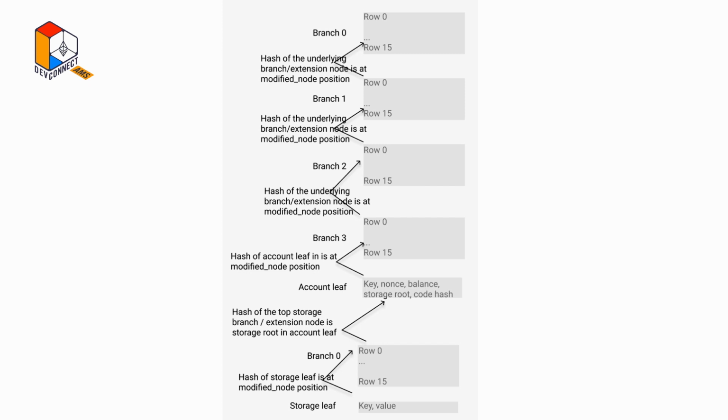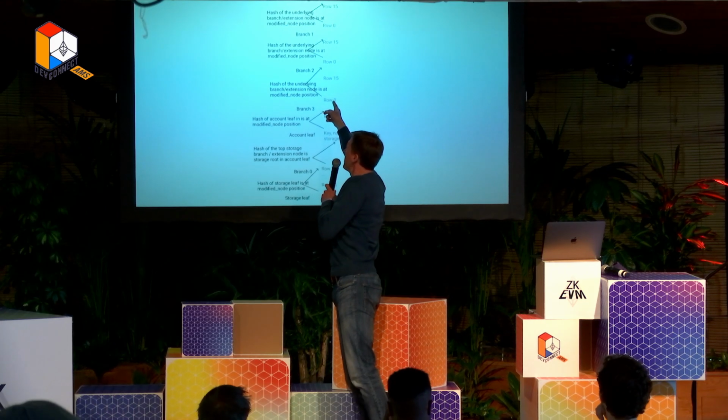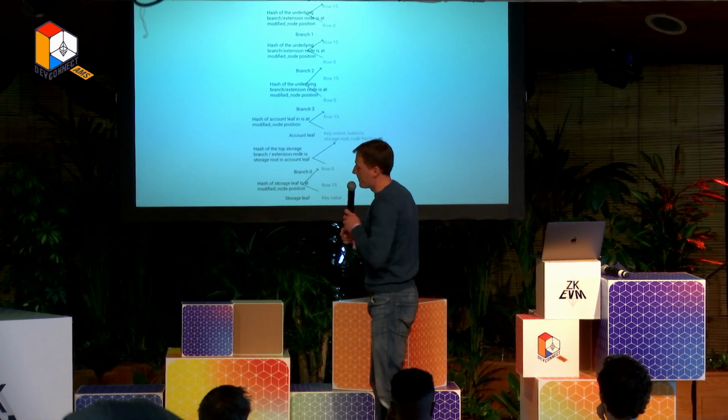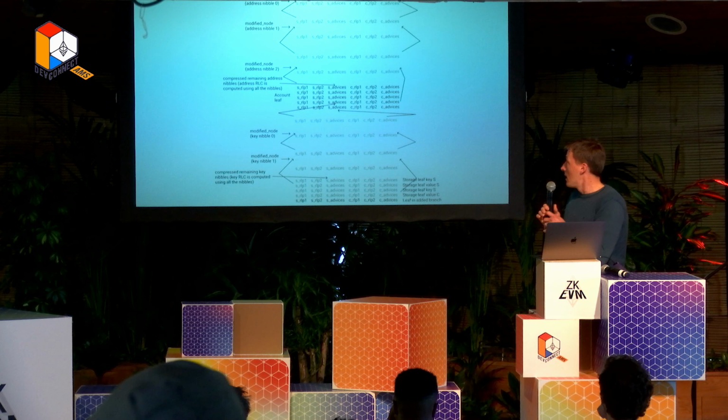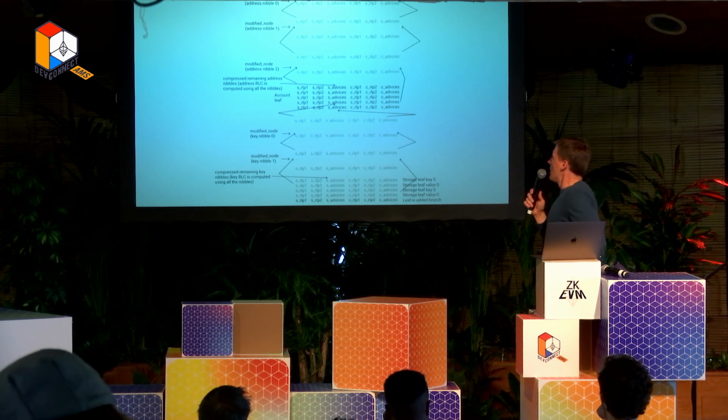The blocks are not clearly seen here. But yeah, this is one block, and the hash of this block of 16 rows needs to be at the proper position in the parent branch, and this position is given by nibbles.